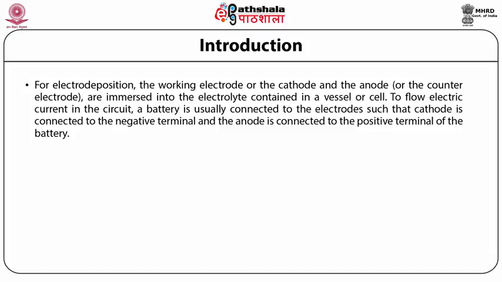To flow electric current in the circuit, a battery is usually connected to the electrodes such that the cathode is connected to the negative terminal and the anode is connected to the positive terminal of the battery.